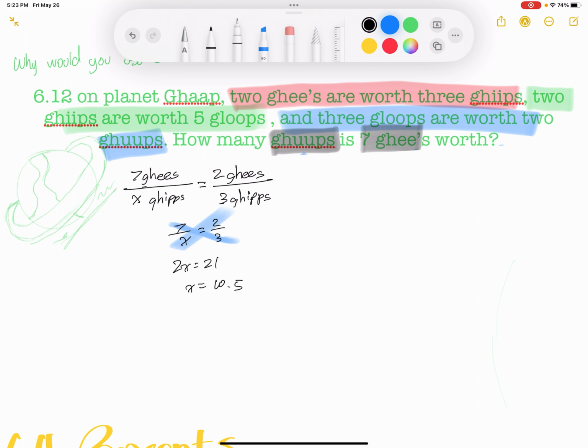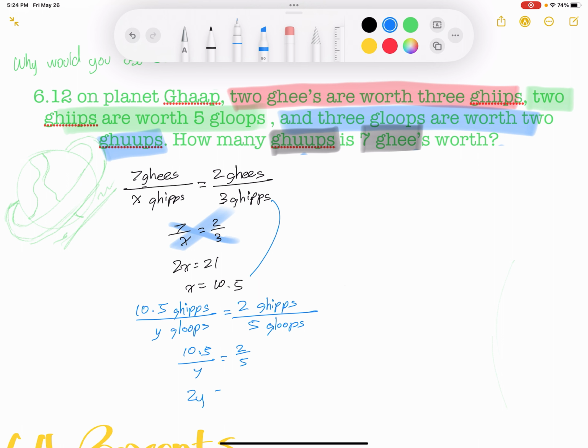Our next conversion is 10.5 gips is worth y gloops, which gives us the conversion factor 2 gips are worth 5 gloops. Okay, let's solve. 10.5 divided by y equals 2 divided by 5.